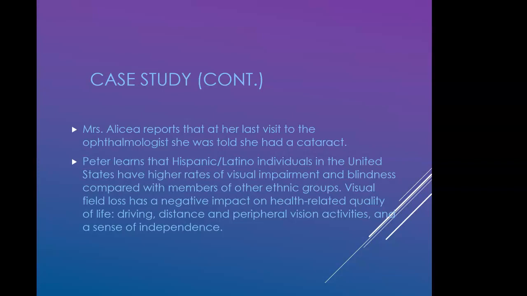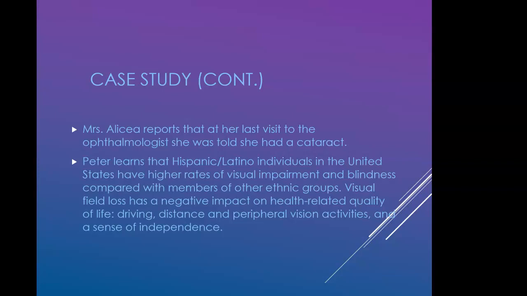Visual field loss has a negative impact on health related quality of life, such as driving, distance and peripheral vision activities, and a sense of independence. So Peter, the nurse, uses this information to develop a culturally competent plan that focuses on Mrs. Alicia's visual impairment.